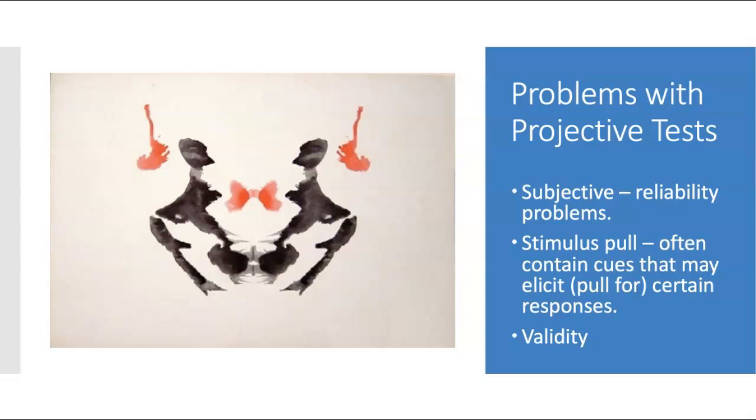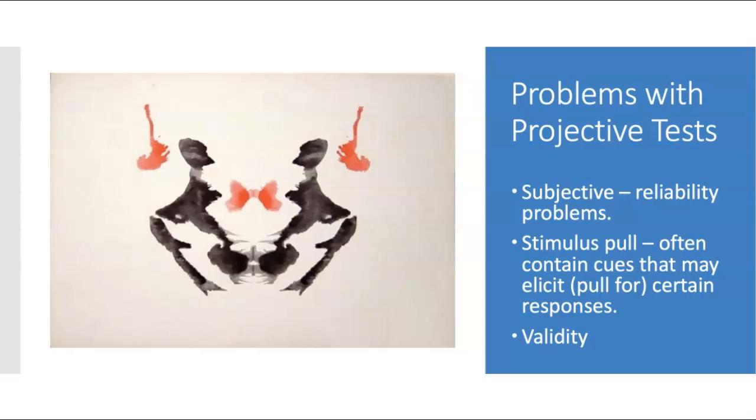Basically the idea is that they should be so ambiguous that whatever the individual sees in the image must be a reflection of what's going on in their unconscious mind. It shouldn't be a reflection of what is actually in the image or what the image actually looks like. And the problem is that despite efforts to make stimuli ambiguous, they often contain cues that may elicit or pull for certain types of responses.